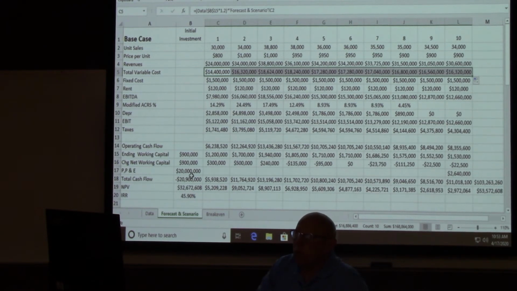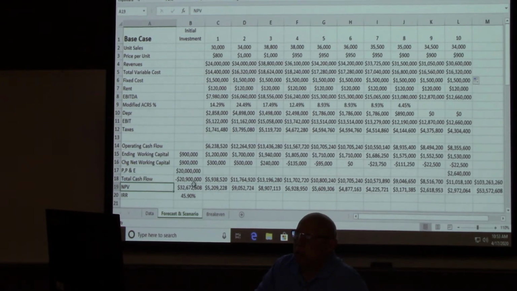Since our net present value takes the present value of our cash flows, if we included interest in our cash flows, we would be double counting our interest cost, because the cost of interest is included in our discount rate that we use to find the present value.